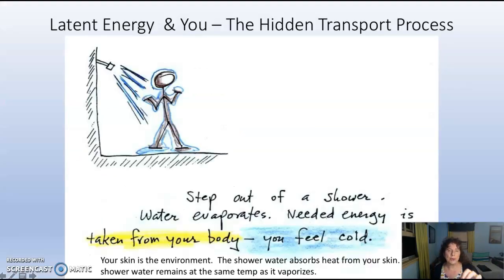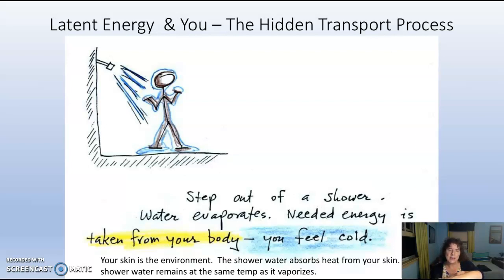Latent energy in you, let's make it personal. When you get out of the shower, you get chilly pretty quickly. There's a reason for that, obviously. You're stepping out of the shower and the water is evaporating off of your skin. That water that's evaporating off of your skin needs energy to evaporate. It takes that energy from your warm skin.